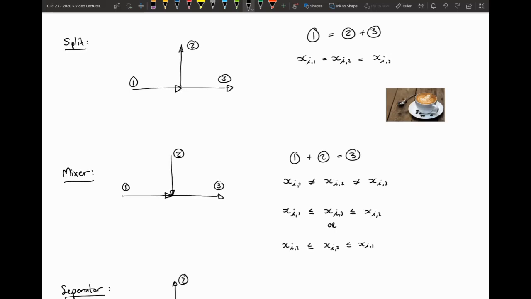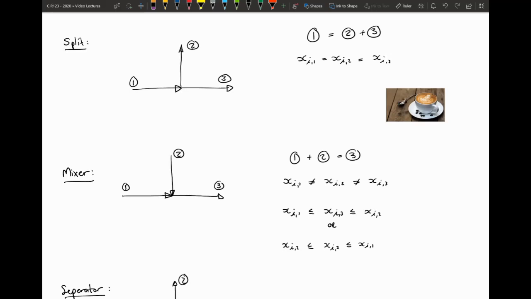We know that stream 3's composition for that same component must lie in between the composition for streams 1 and 2. So the composition for stream 3 is either going to be more than 1 or less than 1, and vice versa, less than 2 or more than 2.